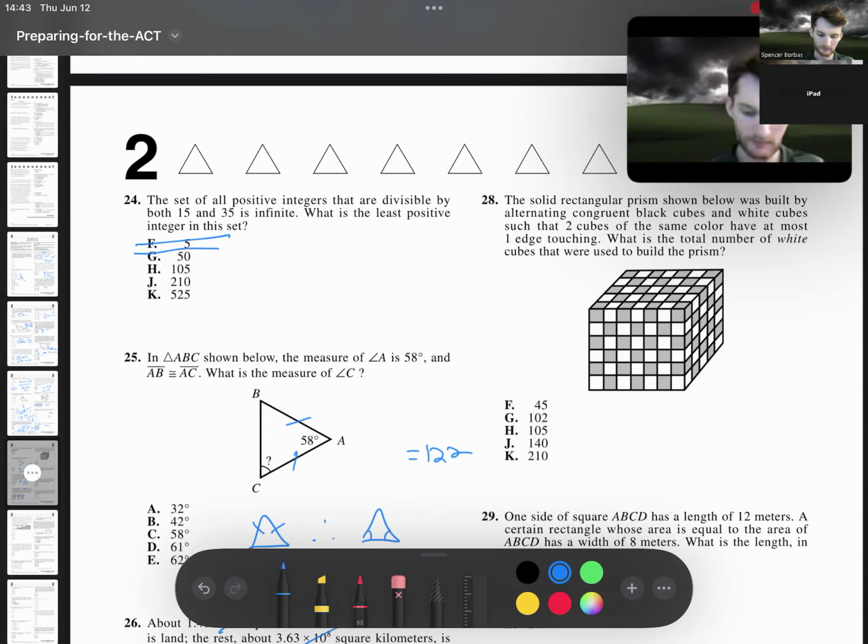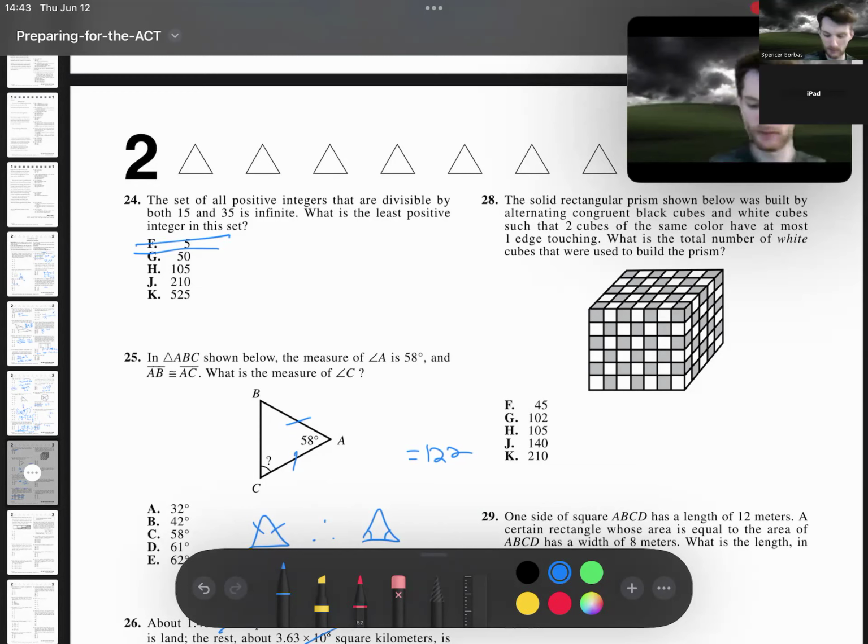What? I don't know. I'm guessing that's about split even between the colors. The total amount of white cubes that are built.